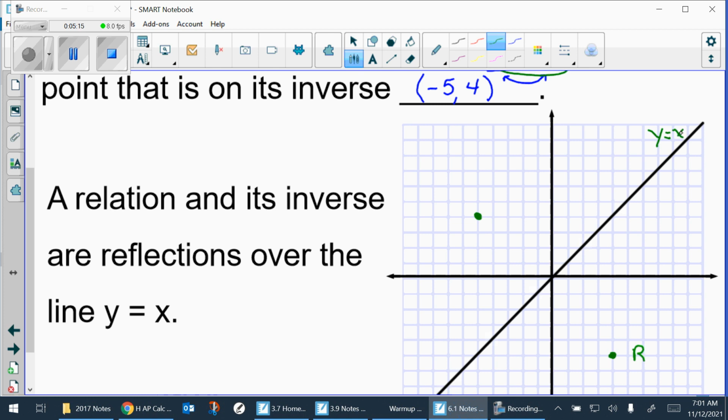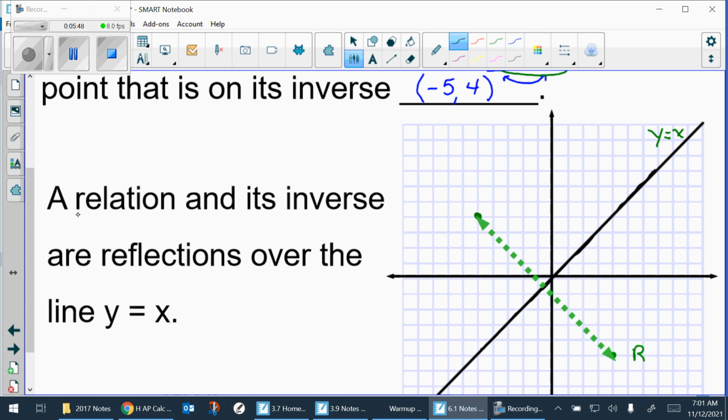Now, does it look to you as if these guys are reflections of each other over that line? And yeah, they do look like reflections. It does look like if I folded my paper along this line, y equals x, if I folded right along this guy, looks like those points would land right on top of each other.